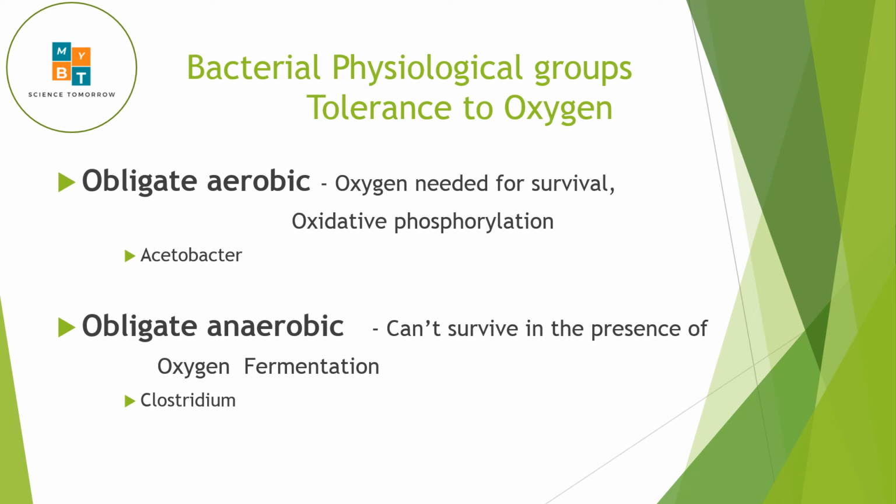According to the physiology, especially tolerance to oxygen, bacteria can be divided into four groups. First, obligate aerobes, which need oxygen to survive. The way of using oxygen is oxidative phosphorylation. Acetobacter is an example of an obligate aerobe. Without oxygen, they can't live.